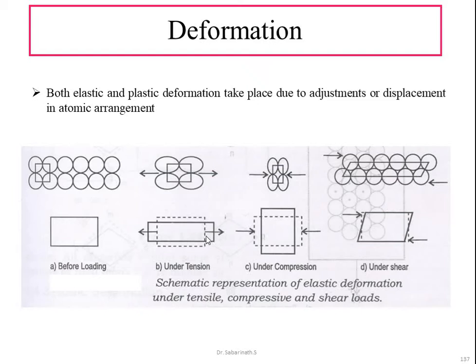The linear dimension will increase and the lateral dimensions will reduce. In compression, just the opposite will happen. The linear dimension will reduce and the lateral dimension will increase because the crystal is compressed.